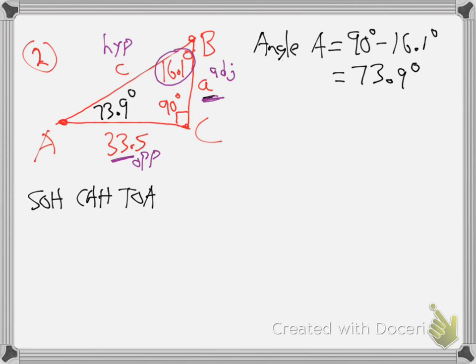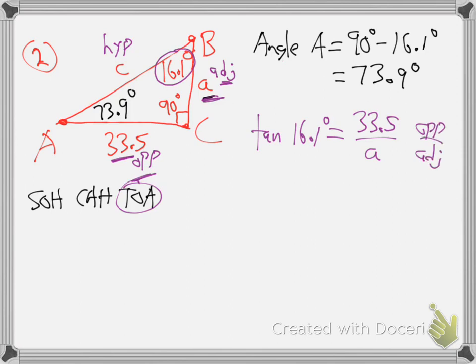Because I'm trying to get a relationship involving little a in there. So opposite and adjacent, which trig function is that? Tangent, right? So the tangent of the 16.1 degrees is the 33.5 over the little a, right? Opposite over adjacent.